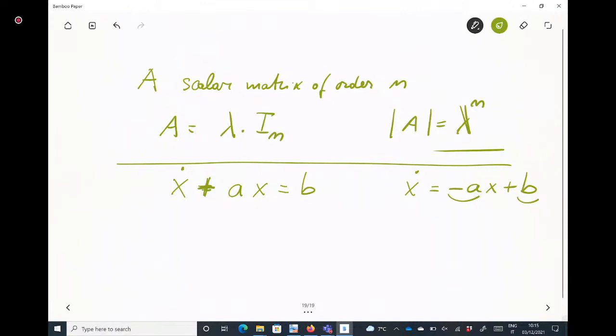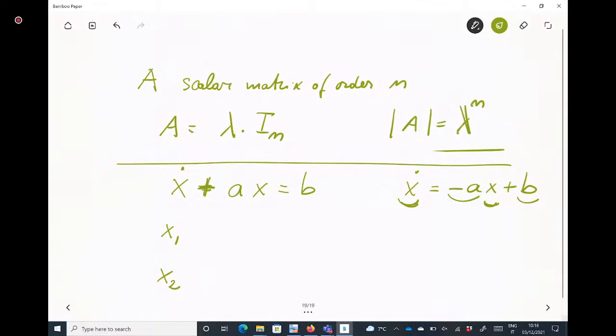Now suppose that you want to model the evolution not of one variable, but of two variables. In the previous case, the state of variable x affects its time derivative. But suppose that we have a situation in which we have two variables, x1 and x2, and the state of both variables at a given point in time affects the evolution of both variables.